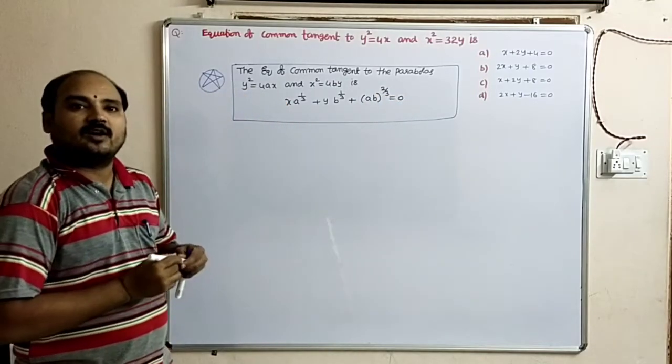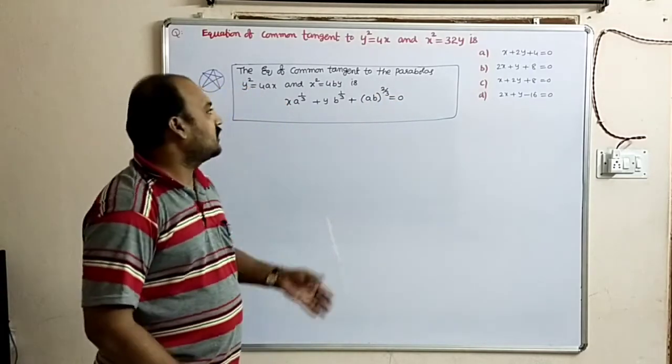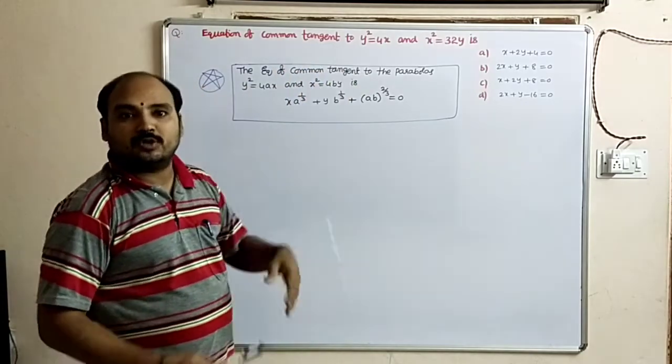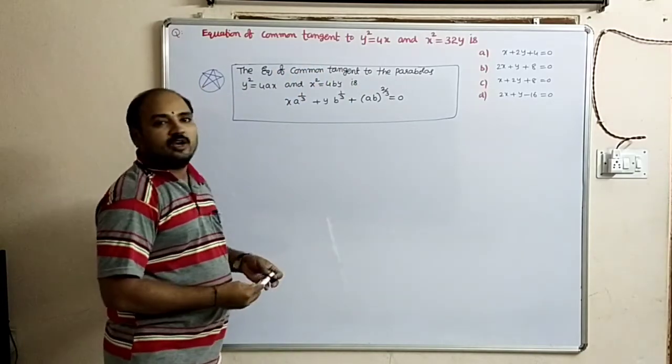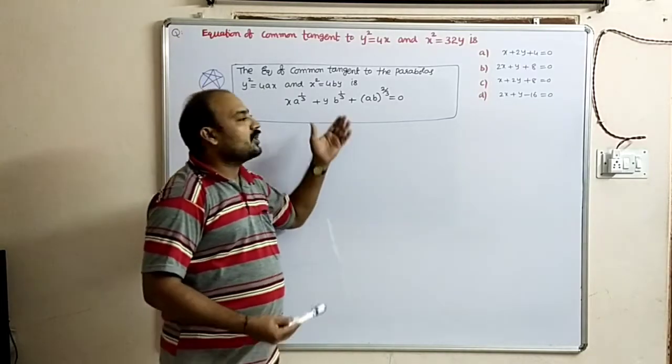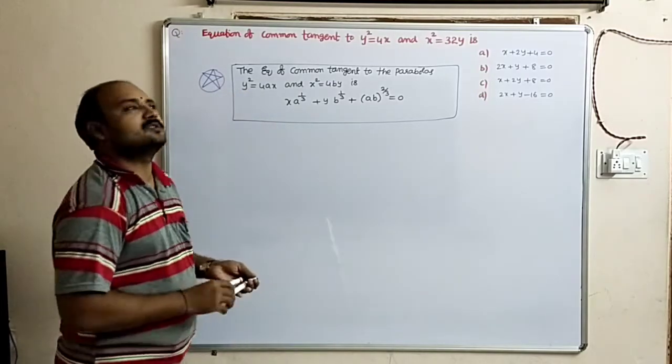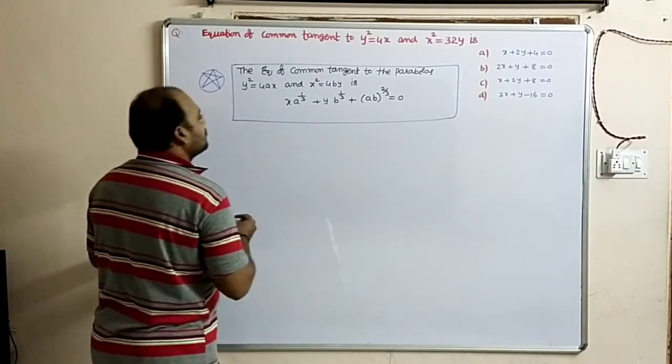This is the equation of common tangent to the given two parabolas. So now we will check the values of a and b and substitute in this formula, and we will get the answer. Consider the given curves.